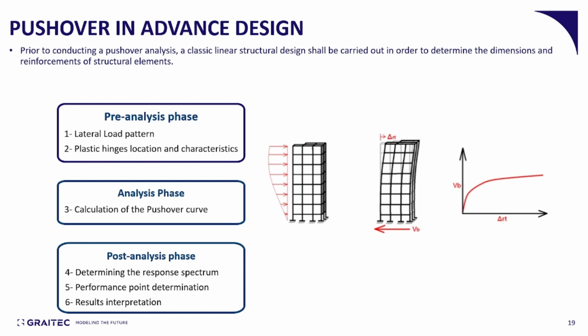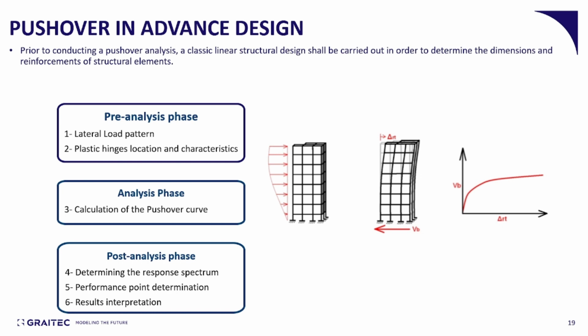How do we implement the pushover analysis in advanced design? There are three different stages that the user needs to follow in order to perform the pushover analysis in advanced design. First of all, they need to perform a classic linear structural design because we need to determine the dimensions and the reinforcement of all the structural elements.